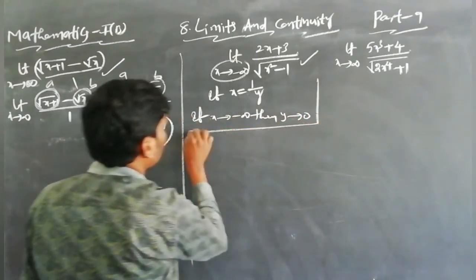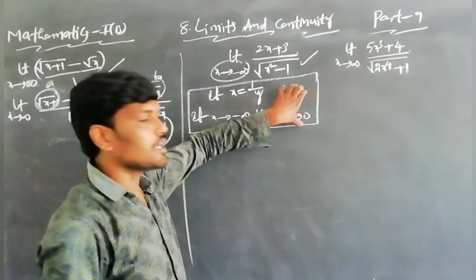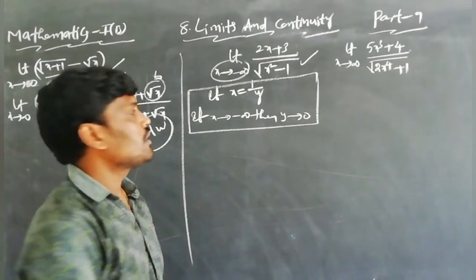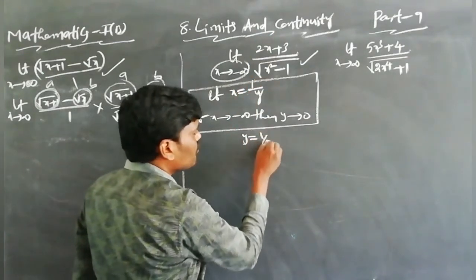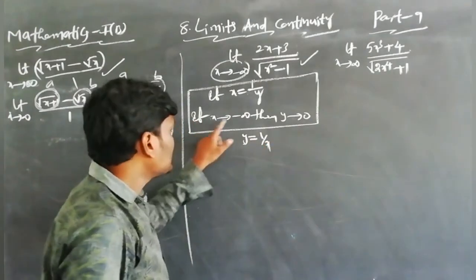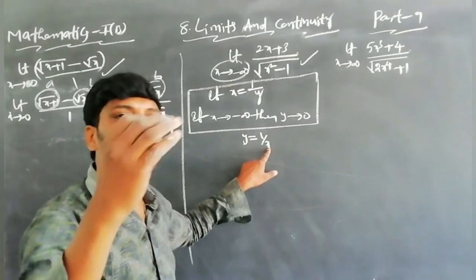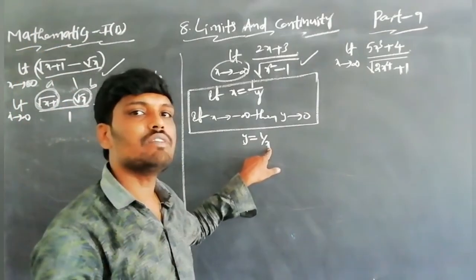These two conditions are substituted in this limit. Here x is equal to 1 by y, which is nothing but y is equal to 1 by x. Here x tends to minus infinity, so 1 by minus infinity, or minus 1 by infinity. Something by infinity is equal to 0.